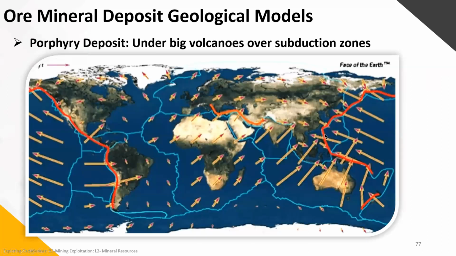So if we move on now to the porphyry deposits, we have here their location within the world map area, basically under big volcanoes, so basically under big subduction zones. That is where you have the thickest red lines here, here, and along here.